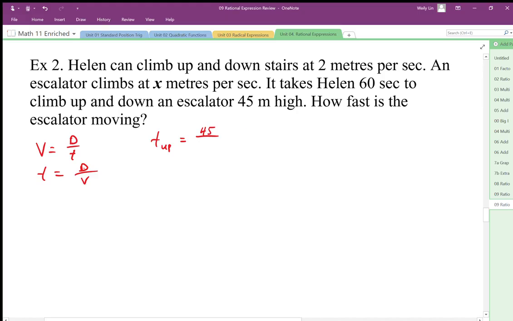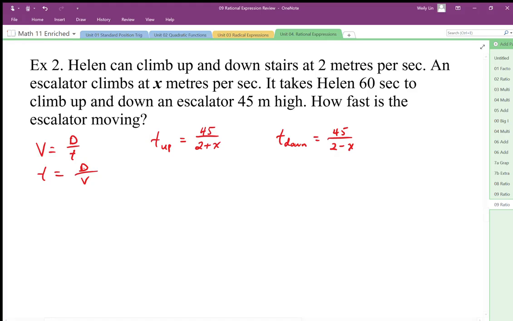The velocity we don't know going up, but we know that we have Helen's original speed plus an increase. So the time going down is going to be the same distance, but the velocity now is going to be slower because it's going to be slowed down by the escalator working against her.